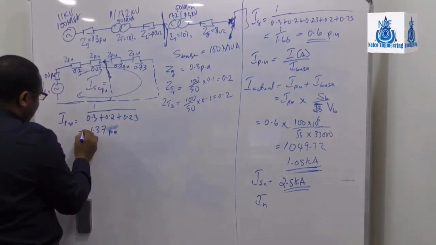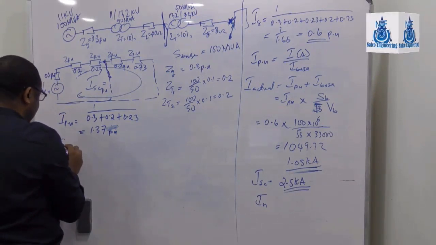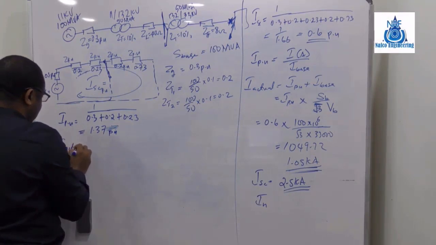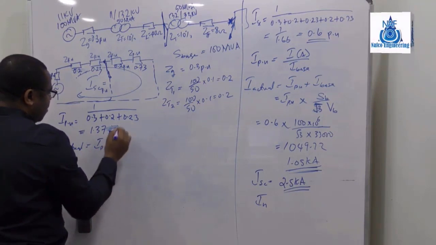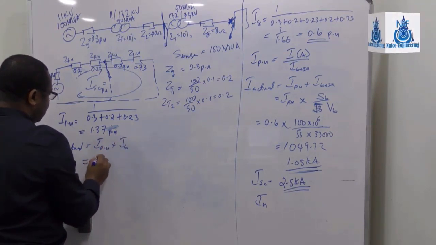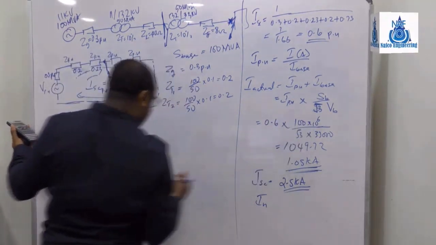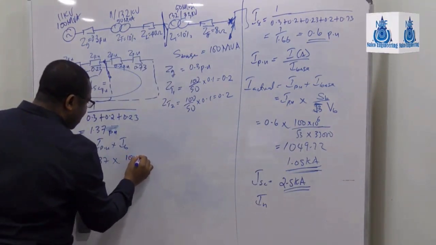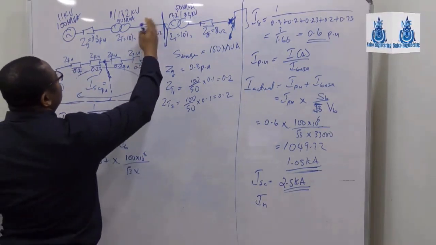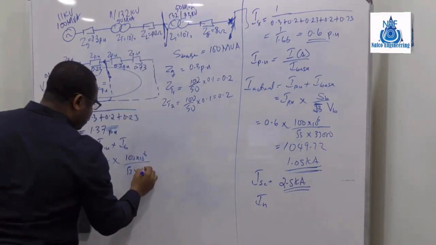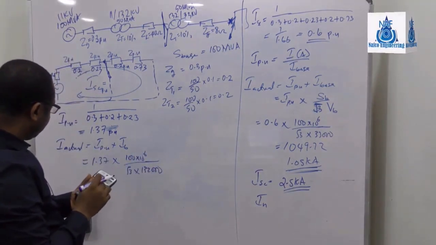In amperes, the actual I will be I per unit times I base, so 1.37 times the base. What is the base? Base is S over root 3 times the voltage. S is 100 times 10 to the power 6, over root 3 times the voltage here, which is 132,000.